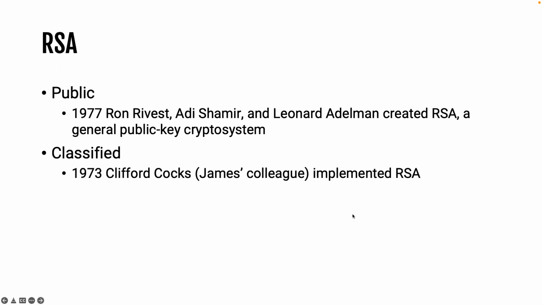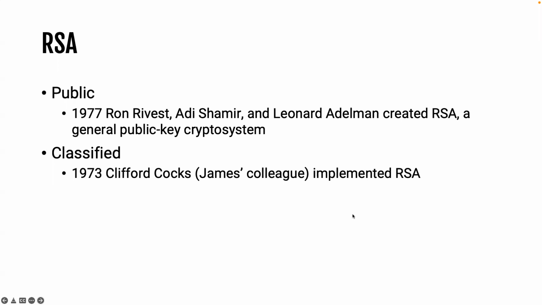So RSA is actually three letters from three cybersecurity researchers: Ron Rivest, Adi Shamir, and Leonard Adleman, who worked together and created RSA. And this is a general public key crypto system. But actually, before the release of RSA, it is believed that years earlier, Clifford Cocks had already created and implemented RSA.